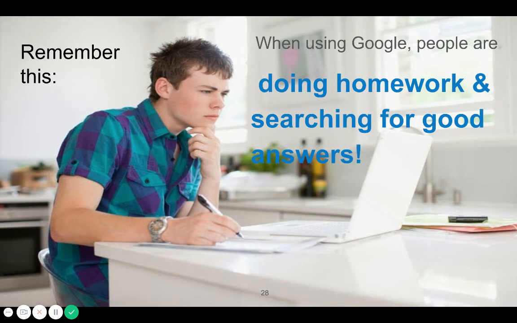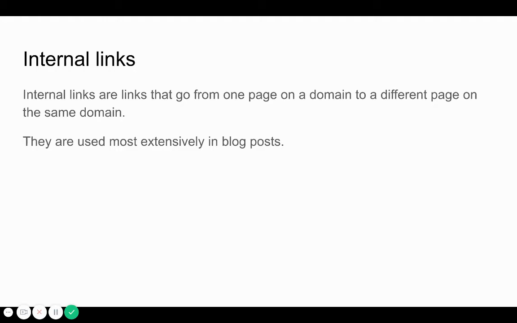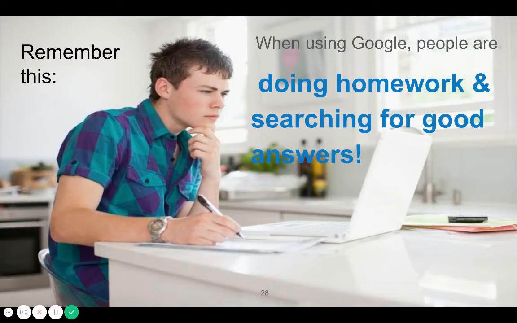And EnergySage does a good job of writing long form content. One of them, talking about the cost of solar installation, is about 4,000 words. So it's very long. And people will read long form content when the stakes are very high, when the consequences are high, because they could end up wasting 30,000 or even more money.